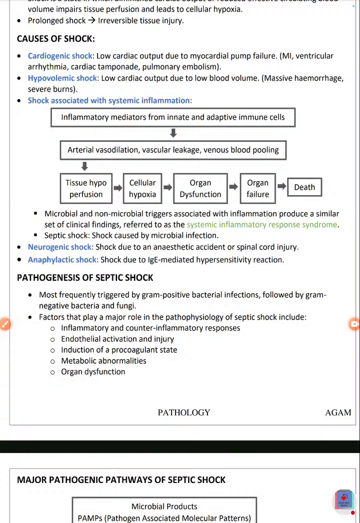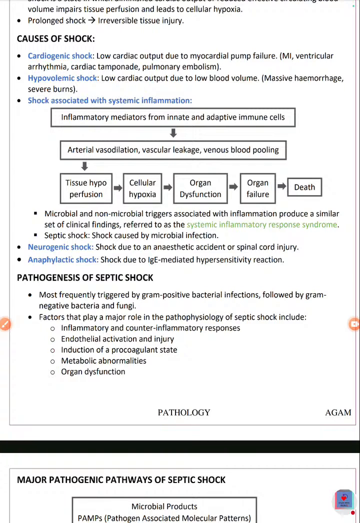So, shock is the clinical syndrome of cardiovascular collapse characterized by an acute reduction of effective circulating blood volume, hypotension, and inadequate perfusion of cells and tissues. There is hypoperfusion. There is hypotension because of the decrease in the effective circulating blood volume.